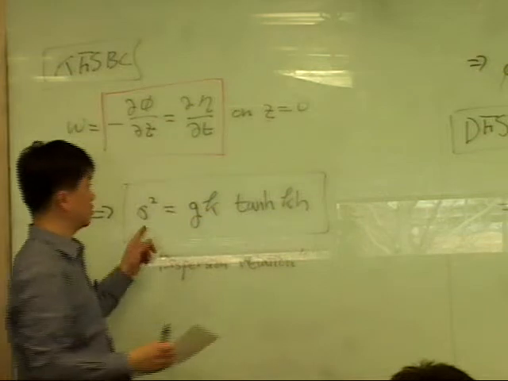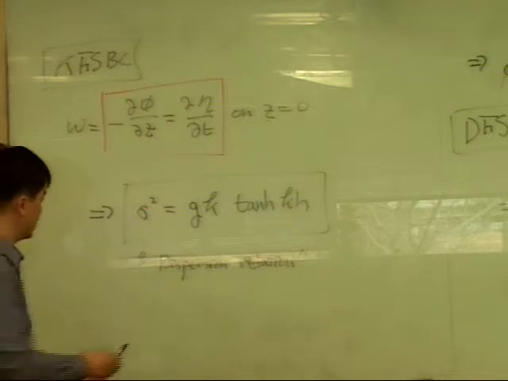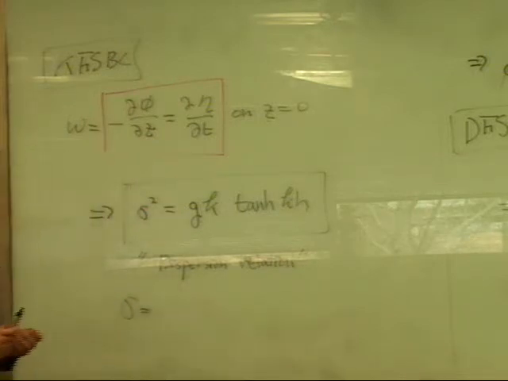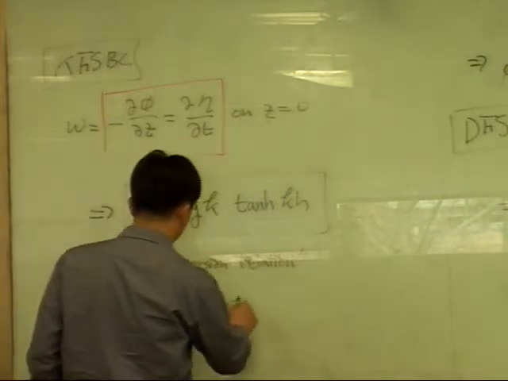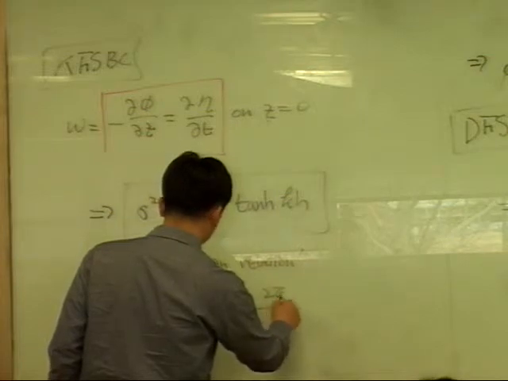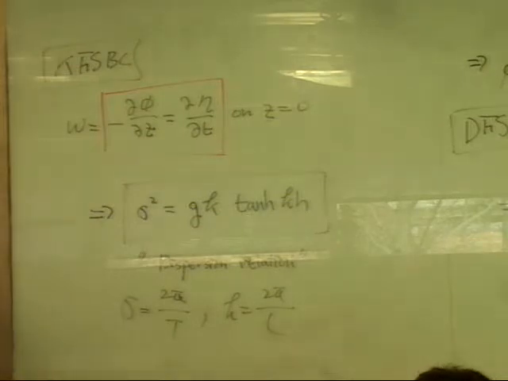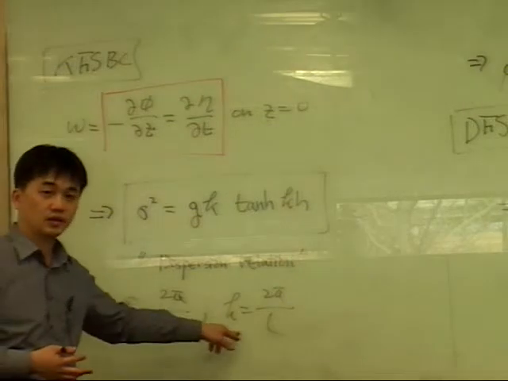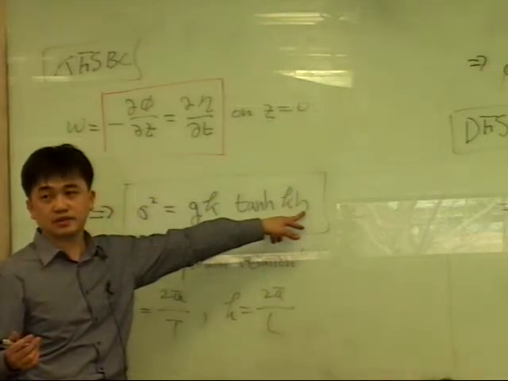Okay, look at the equation. g is given, right? And sigma is the frequency, 2 pi over T. And k is the wave number, 2 pi over L. So this equation gives us the relationship between the frequency, which is about time, the wave number, which is about space, and h, the water depth.